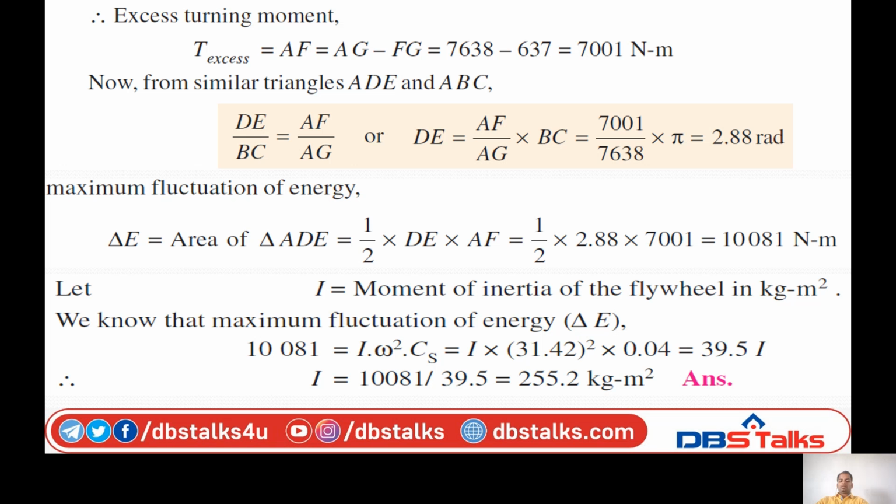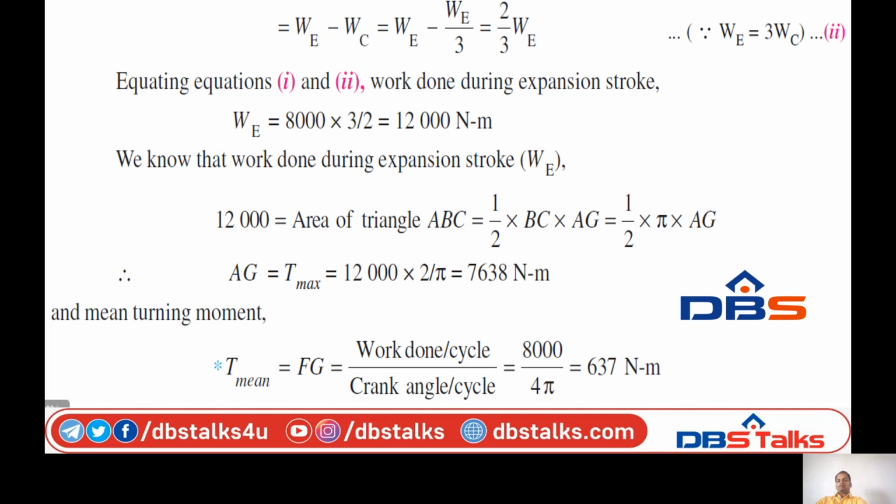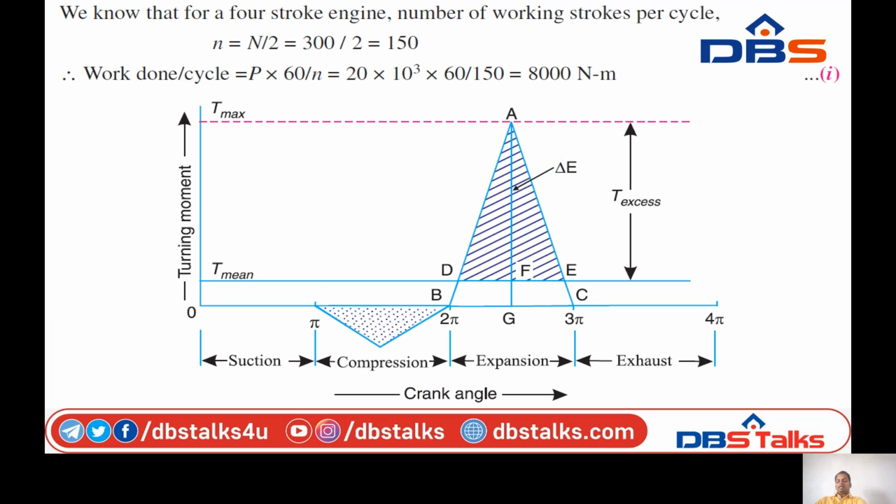Then the maximum fluctuation of energy, delta E. Since the area above the mean turning moment line represents the maximum fluctuation of energy, delta E is the area of triangle ADE.